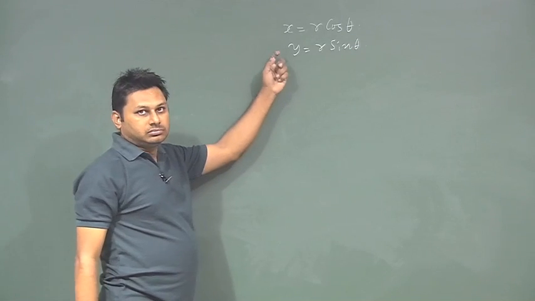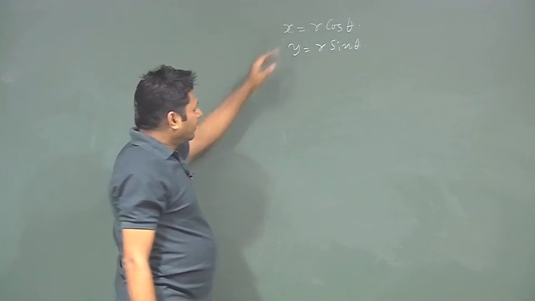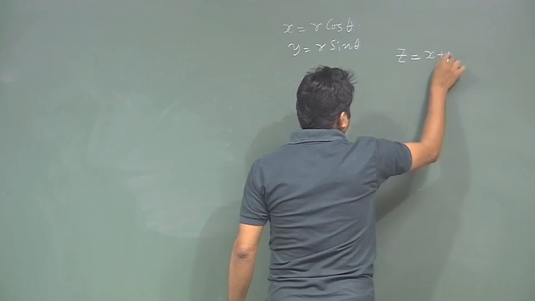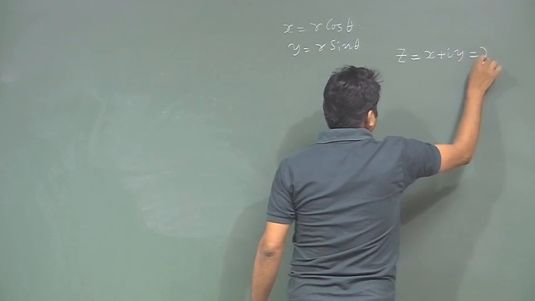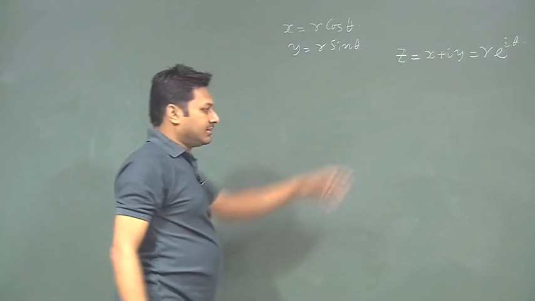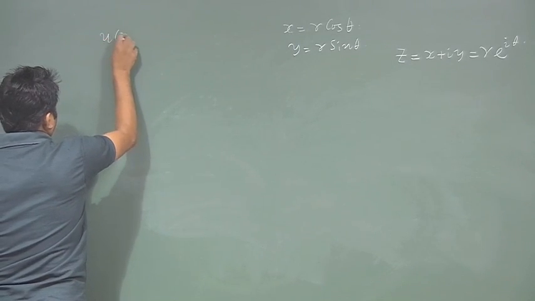That we know. This is the starting point, because a particular point z can be represented in terms of x plus i y and also as r e to the power i theta, and these are the relationships just before I derive it. Now u is a function of x and y.